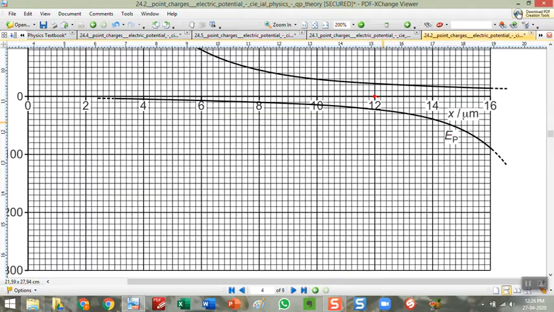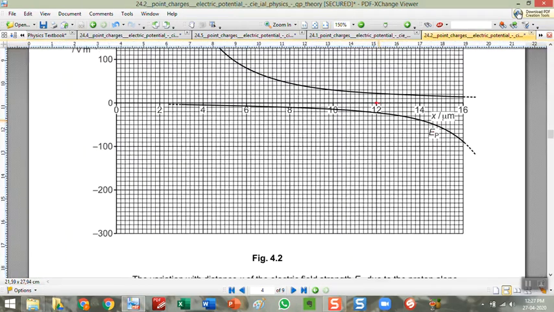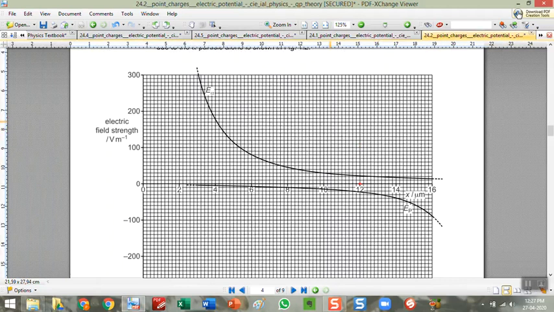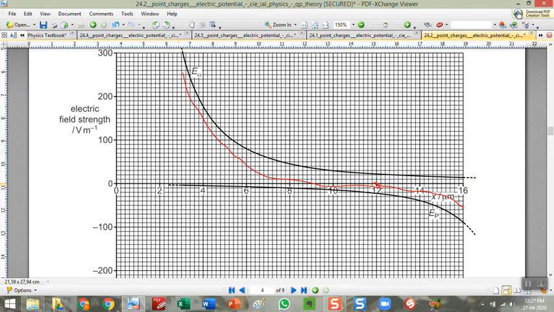There's 2 blocks above, 2 blocks below. Now if we had to draw a resultant line, it should be a little bit lower there. It should cross the 0 here around about 12, and it should go there. So we mathematically just subtract the blocks below from the blocks above, and we get a graph that looks like this. Hence, because they're positive, somewhere in between there's a point where the fields cancel each other because they're in opposite directions, and electric field is a vector quantity.